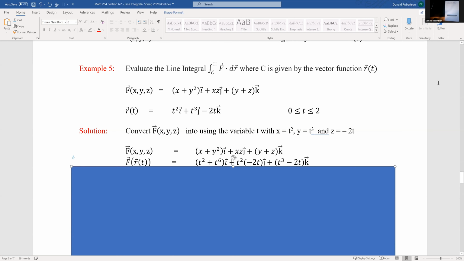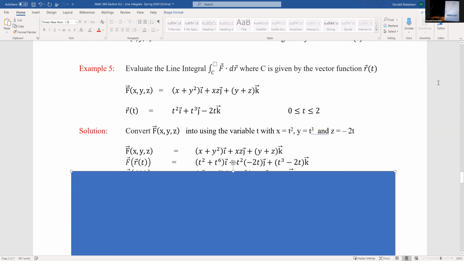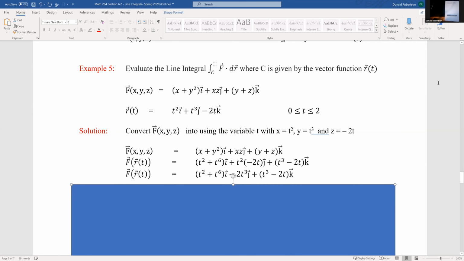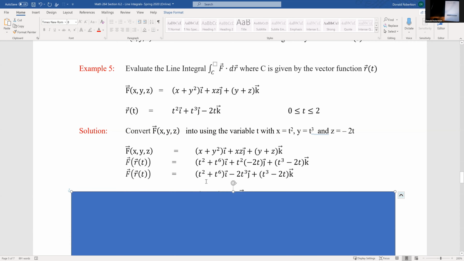So x plus y squared, the x and the z, and the y and the z, and this is what it ends up looking like. So that's how you would represent the vector field F(x, y, z) being turned into t's.